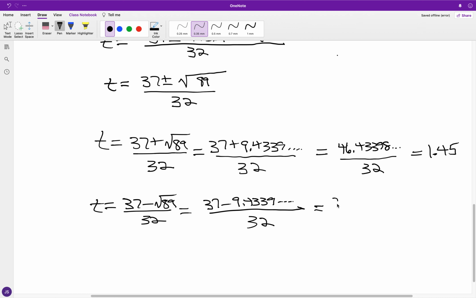Right now I got 27.56601, and dividing by 32 and rounding to the nearest 2 decimal places, this is going to be right at 0.86.